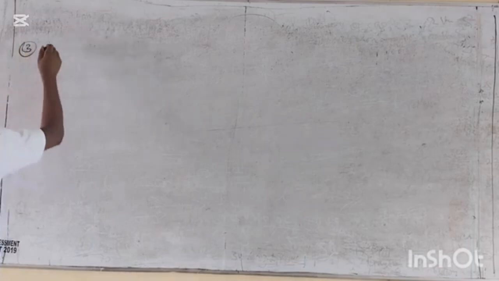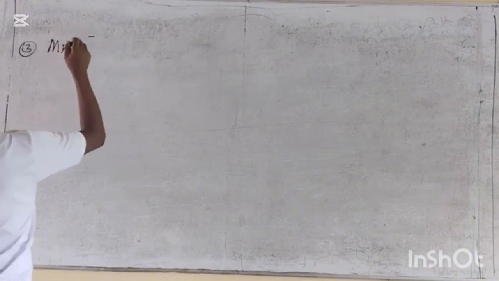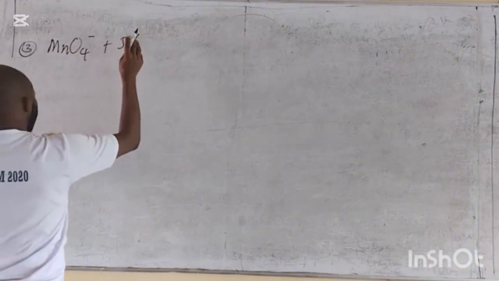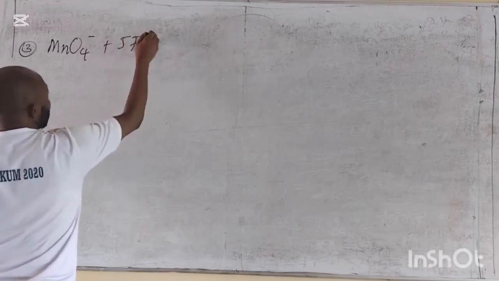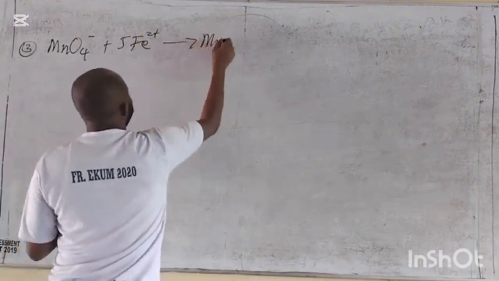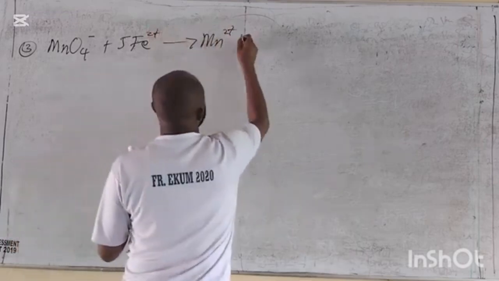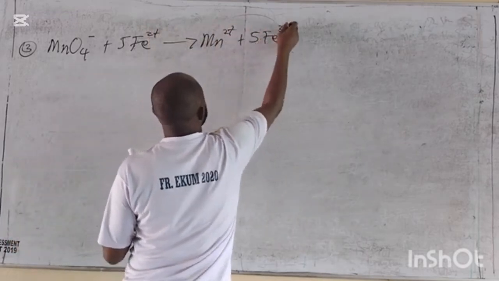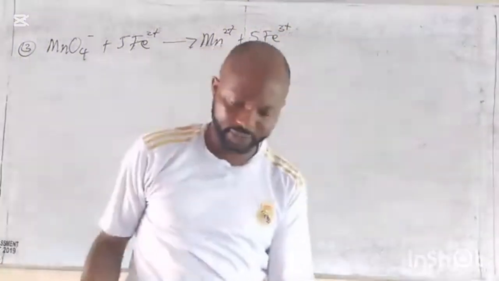We have MnO4 minus plus 5 iron 2 plus give us Mn2 plus plus 5 iron 3 plus. Like we balance something like this.